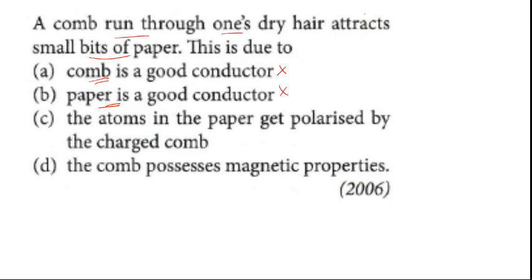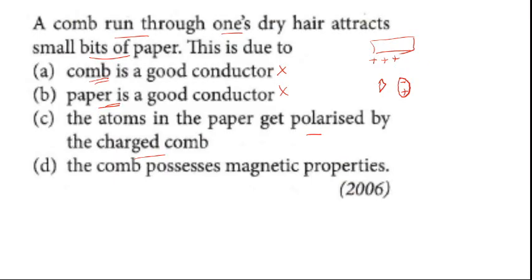The atoms in the paper get polarized by the charged comb. So I have a comb here, and I will write a simple diagram. After rubbing, it becomes, say, positively charged. So this piece of paper is there. The positive charge induces a negative charge here, in the sense that the atoms get polarized: this end becomes negative and this end becomes positive.